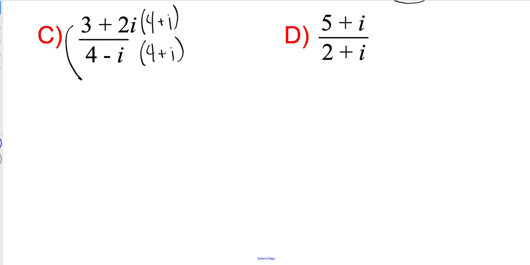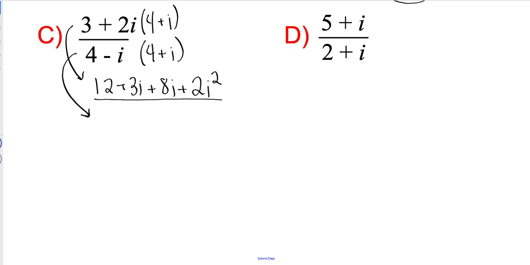So I'll rewrite the top down here. So first, outer, inner, last, I got 12 plus 3i plus 8i plus 2i squared. And then the bottom, okay, we'll just FOIL these out, then we'll come back and simplify them. The bottom, I have 16 plus 4i minus i squared. All right, now we look to simplify.